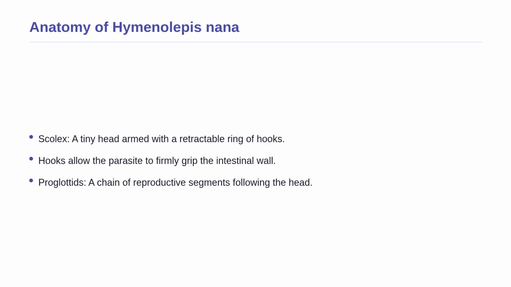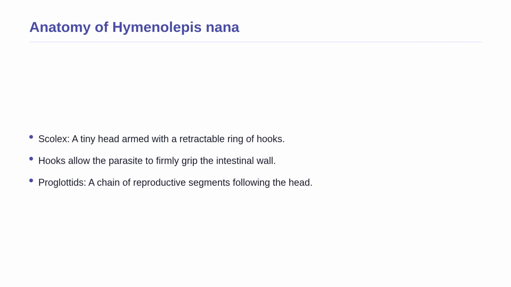Now that we know how small it is, let us look at how it is built. Structurally, the dwarf tapeworm is highly specialized for survival inside the harsh environment of the human digestive tract. It consists of a tiny head called a scolex.